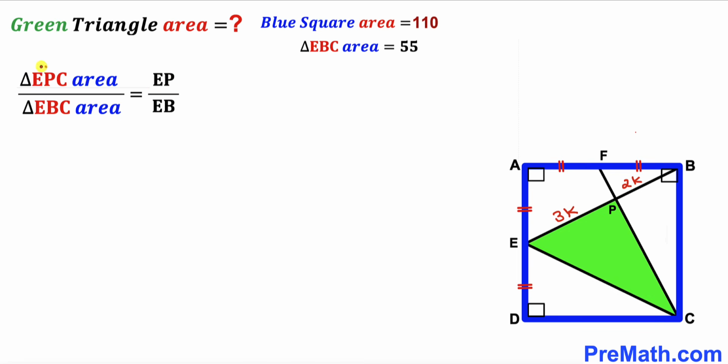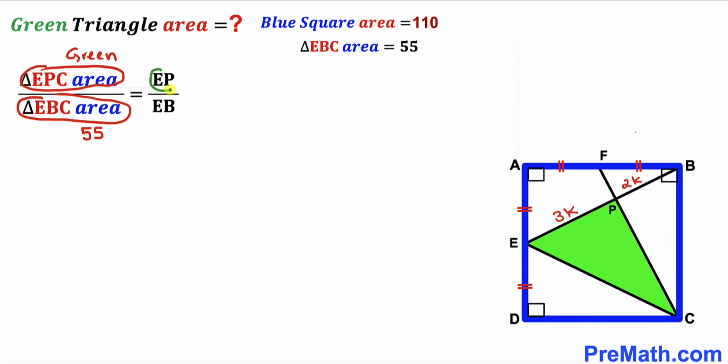We know triangle EPC is our green shaded triangle, whereas the area of triangle EBC has been calculated already as 55. I'm going to substitute over here.